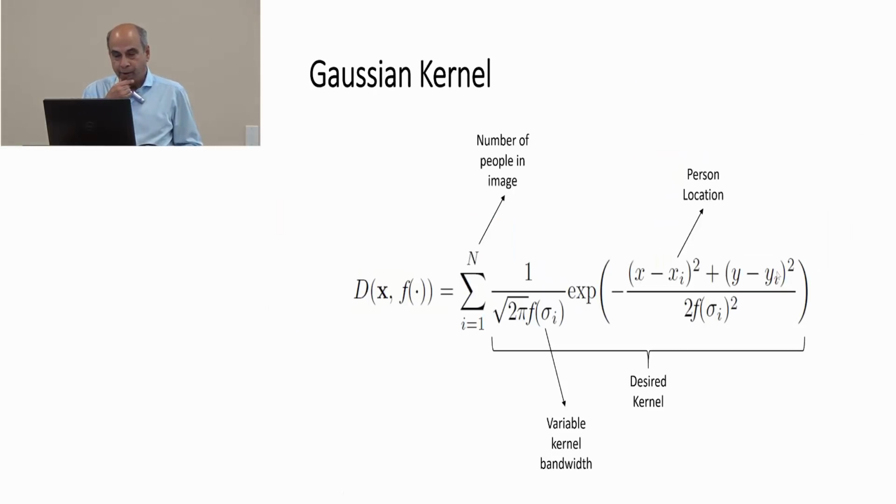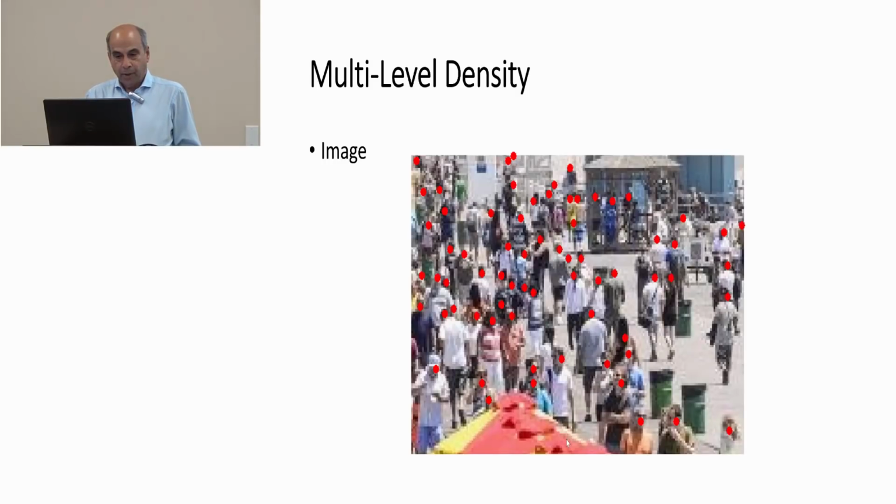In order to compute density, we take a point as we did earlier in drone videos. We do the smoothing with a Gaussian kernel, and this is the kernel bandwidth, gamma, which is the standard deviation of the Gaussian. Given an image like this, we compute this multi-level density map.